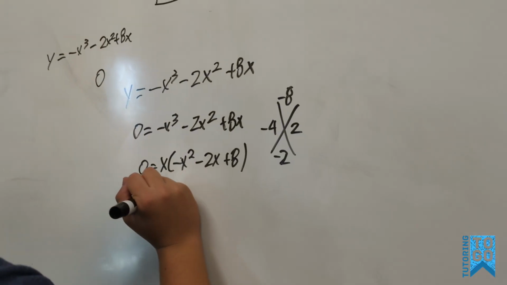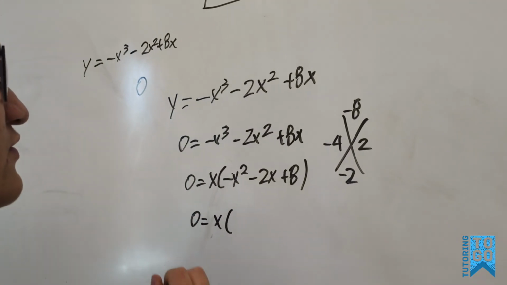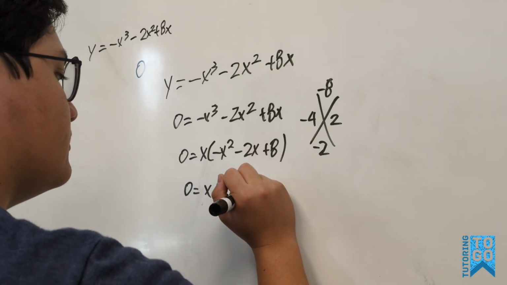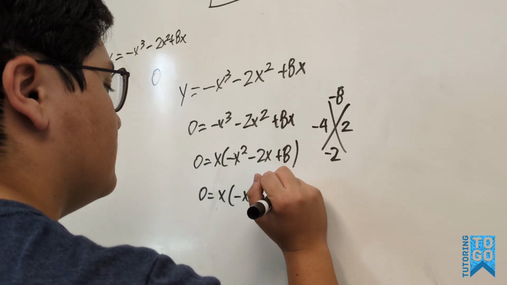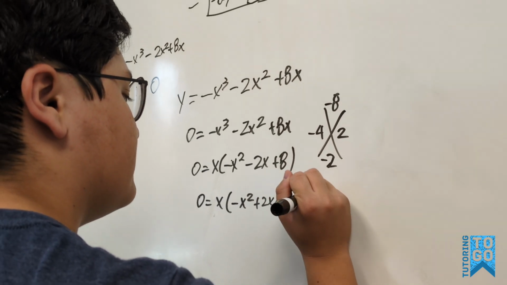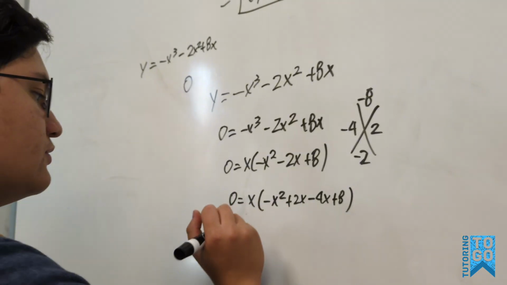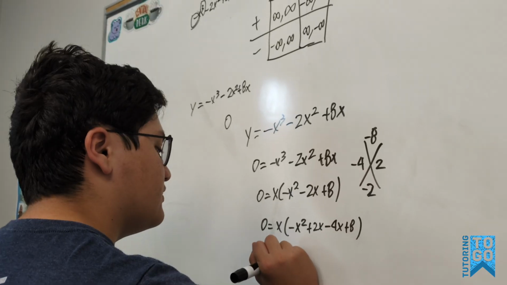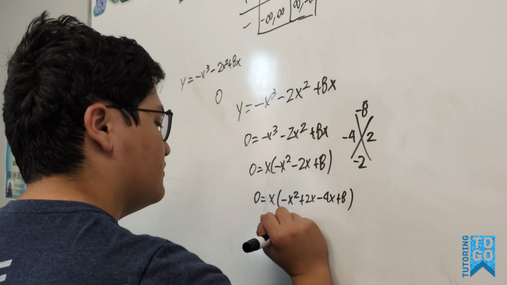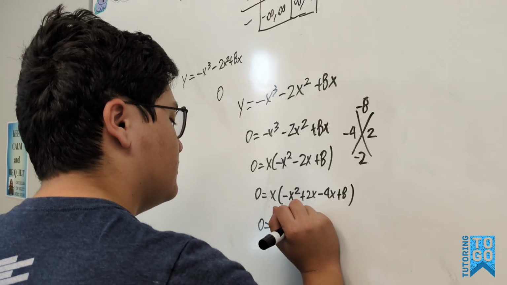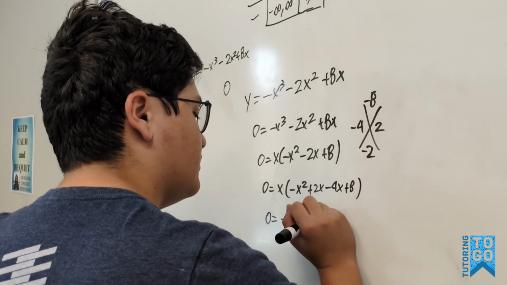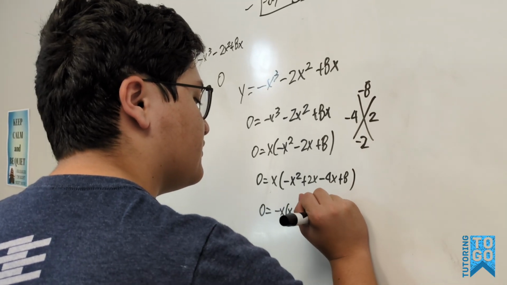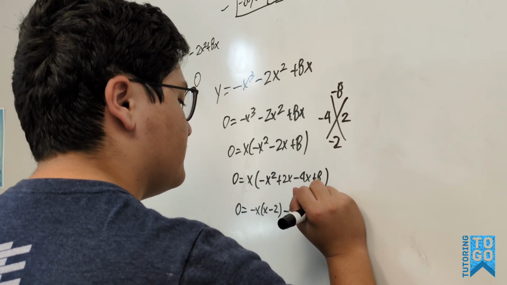So we get 0 equals x times negative x squared plus 2x minus 4x plus 8, so we can do 0 equals negative x times x minus 2, and then negative 4 times x minus 2 times x.